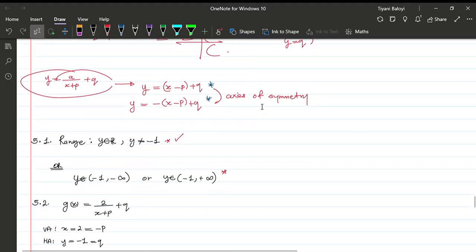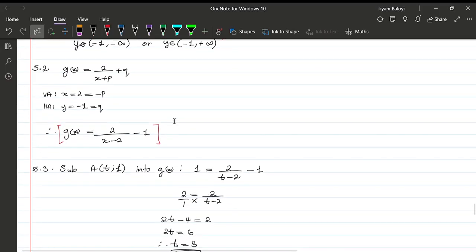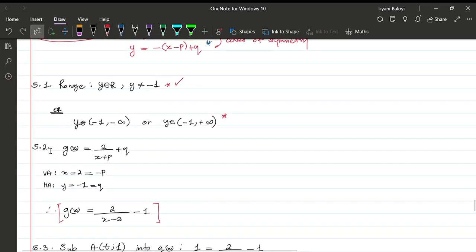And then we answered the range. I said rather use this one, because range is all the y values where the function is defined, which does not include asymptotes. We found this equation very fast, because we knew what p meant and what q meant. So this 2 is minus p.